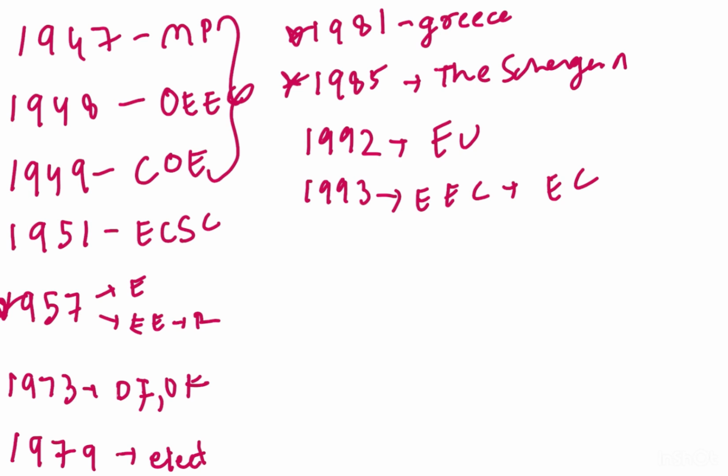That is the reason it was renamed. So I hope it is clear to all of you till here. Direct questions come from 1947, 1948, 49, 57, 1991, 1992, 93, 85, when the Schengen Agreement was signed, and the Treaty of Maastricht is also very important.